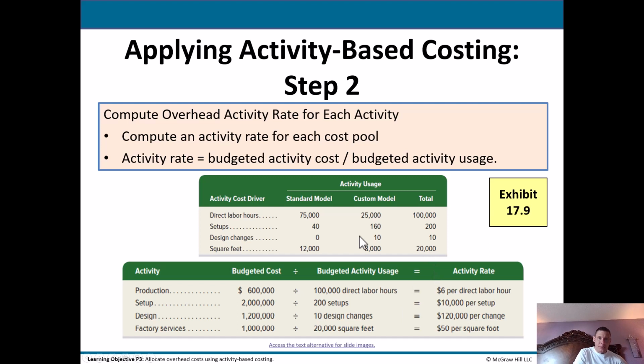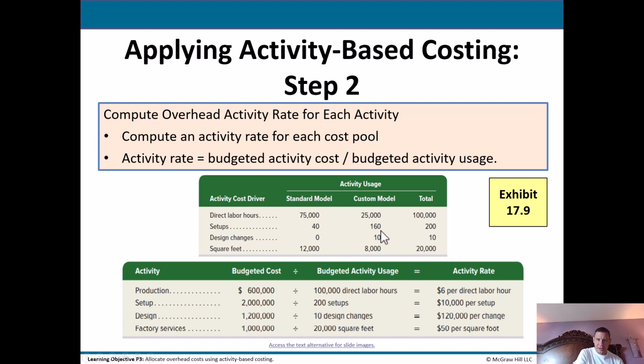Then if you look down here, we've got the standard model and the custom model. Now they're asking, how many of each activity is going to be required for the standard model and also for the custom model. We can see direct labor hours. We know there was 100,000, so they split it out: 75,000 goes to the standard model, 25,000 to the custom.